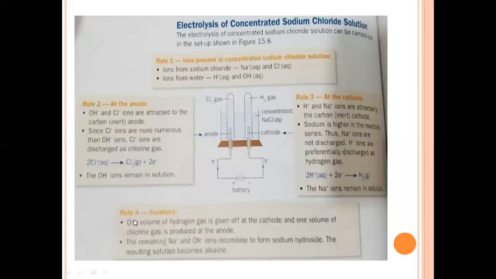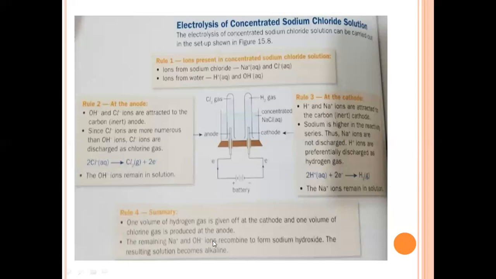So, rule number four, let me summarize what happened in the electrolysis of this concentrated sodium chloride solution. One volume of hydrogen gas is given off at the cathode and one volume of chlorine gas is produced at the anode. What is remaining? Sodium and hydroxide ions.